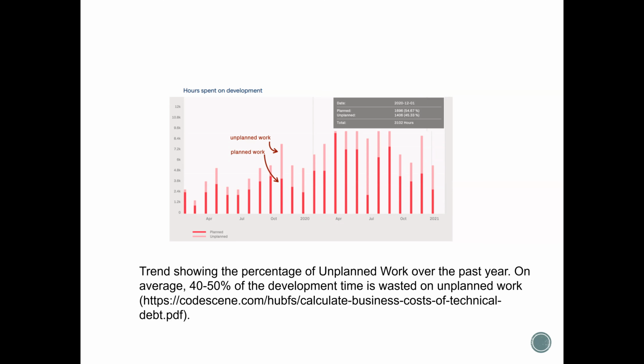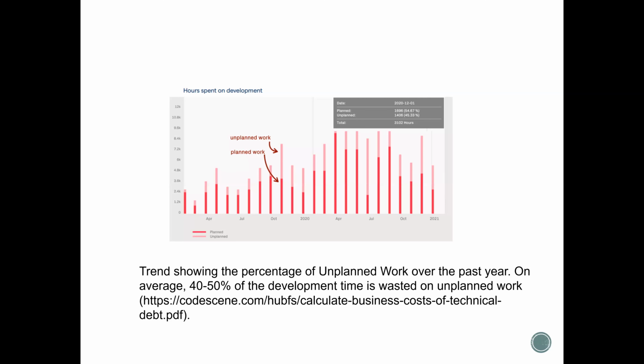The planned work is in pink, and the unplanned is in lighter pink. On the right-hand side, for planned work, the 54.67 means more or less 50% of the teams' time is spent on the planned work which they have to do. However, the other 45%, or between 40 to 50%, of the time is wasted on unplanned work.